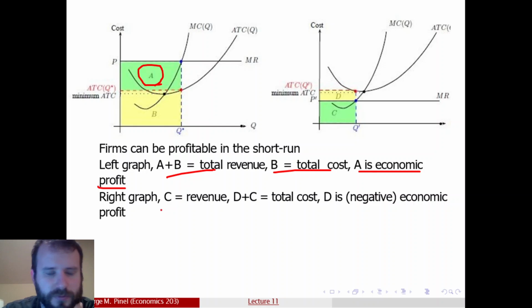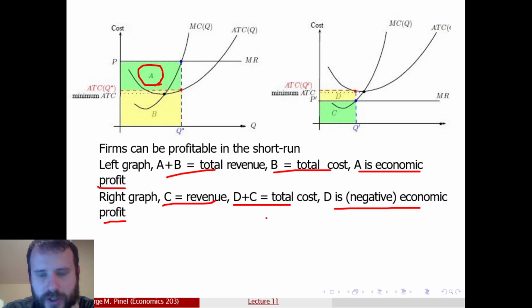In the right graph, C is revenue, D plus C is total cost, D is your negative economic profit. Sorry, I said earlier that it's D minus C or C minus D, but it's just D that is your economic loss, D plus C is your total cost, and C is your revenue.